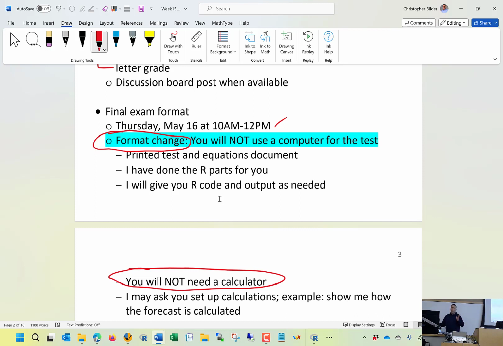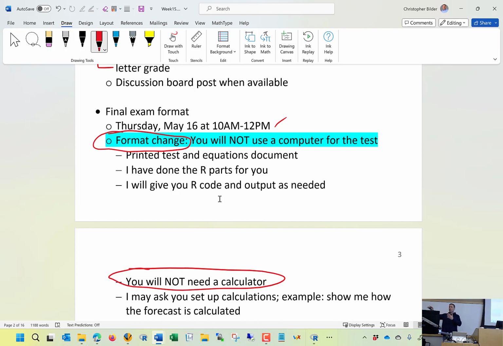Now, there can be times on the tests where I might say, find the forecasted value for one time point into the future. Normally, you would just get that information from R, like using the predict function. But I might say instead, set up the calculation. Show me how you would actually write out the formula in terms of, like, phi hat 1 times x sub n plus so on.